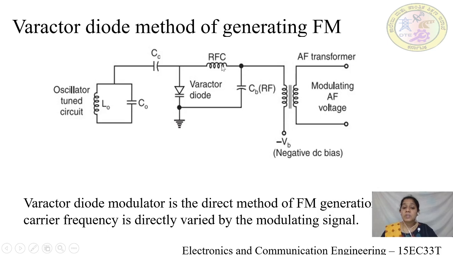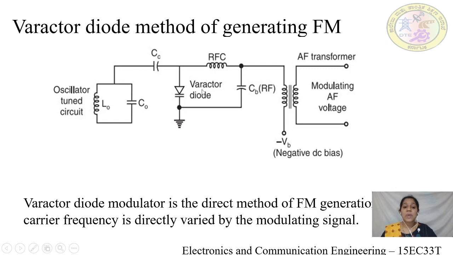This is used to apply the negative DC bias and the audio frequency signal to the varactor diode, and it provides the highest resistance at the highest oscillating frequency, and therefore it isolates the oscillator from the DC bias and the input audio signal.